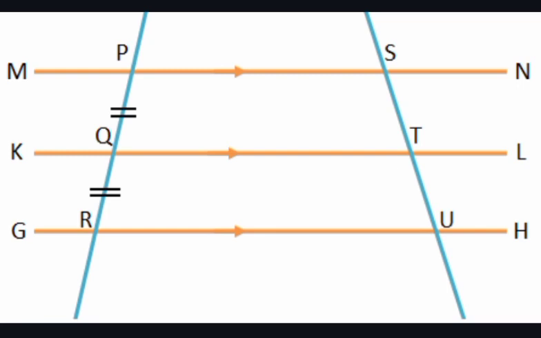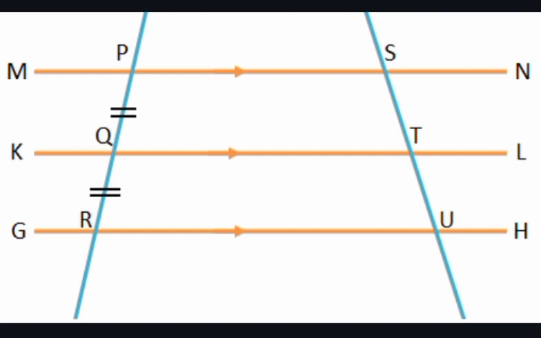Now, what the equal intercept theorem is talking about is this. If we look at the transversal on the left, the distance from P and Q is called an intercept, and the distance from Q and R is also called an intercept.